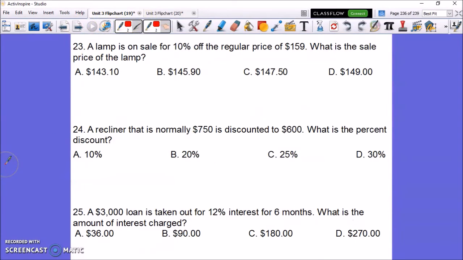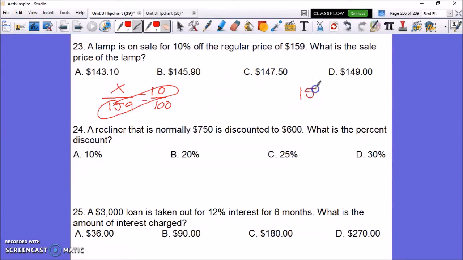23. A lamp is on sale for 10% off the regular price of $159. What is the sale price of the lamp? So we don't know the new cost, but we know the old cost is $159. And percent, once again, always goes over 100, so 10 over 100, and we cross multiply.